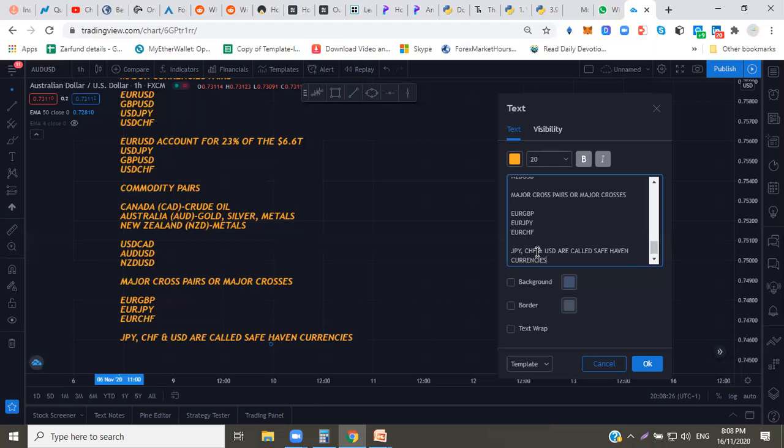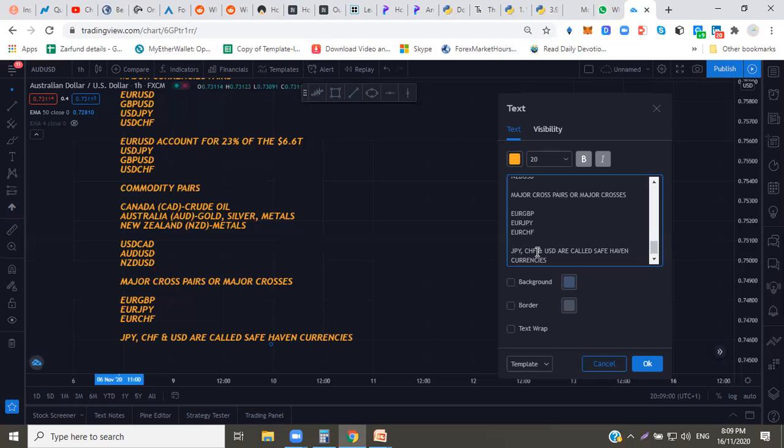Why they are called safe haven currencies is because whenever there is uncertainty in the world economy, investors will go and buy JPY, CHF, and USD in order to stay away from the uncertainties in the world. Those are the currencies they invest in, and that's why they are called safe haven currencies.